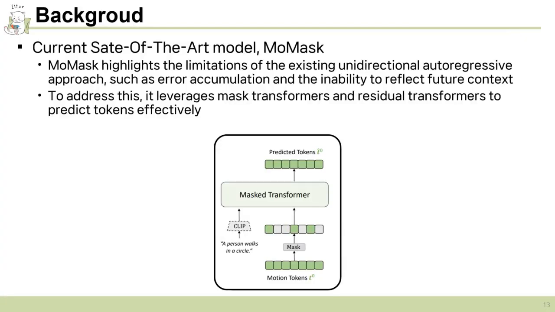By leveraging masked transformers, it predicts tokens not only from past tokens but also by incorporating future tokens. This innovation reduces error accumulation and significantly improves the quality of generated motions, making it a state-of-the-art approach in text-to-motion generation.